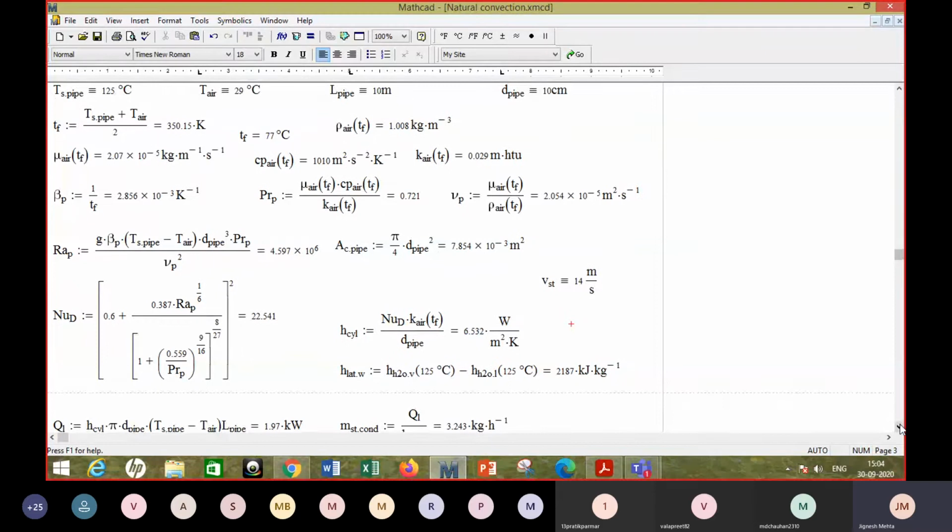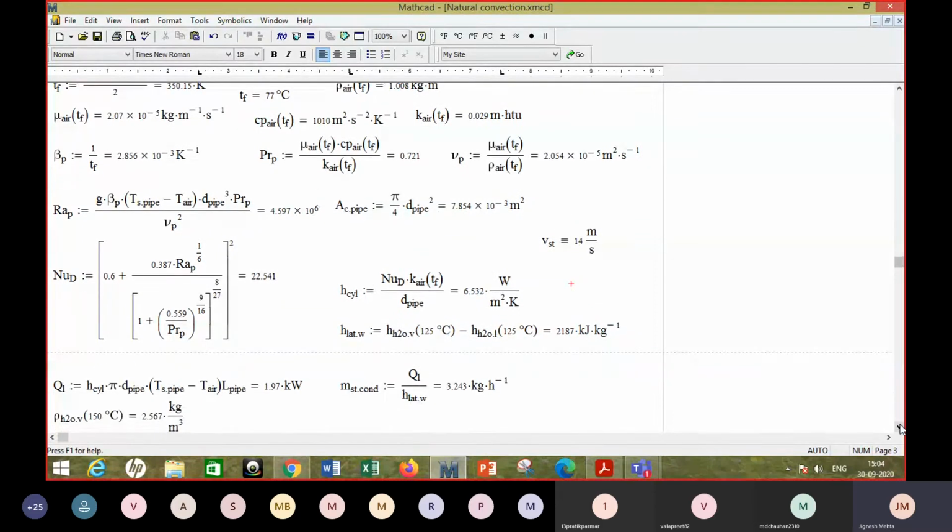Now, your latent heat in this case is at 125 degrees Celsius. So you're assuming that the steam is also at 125, and the only conversion which is happening is the phase change. There is no desuperheating; it is in a dry saturated state, and it's becoming saturated liquid.